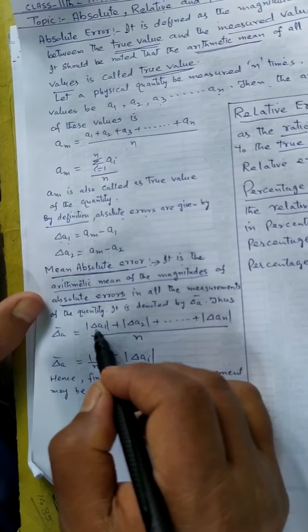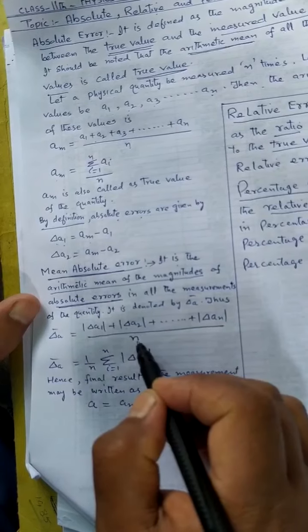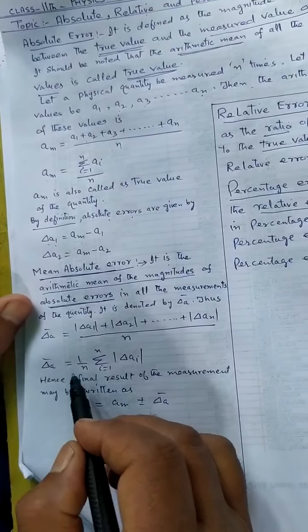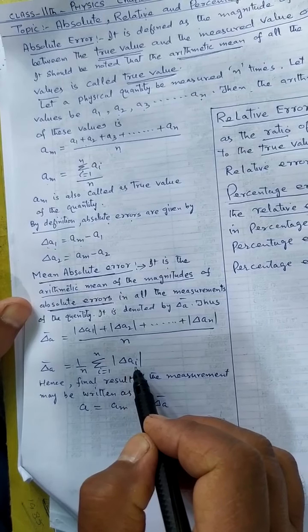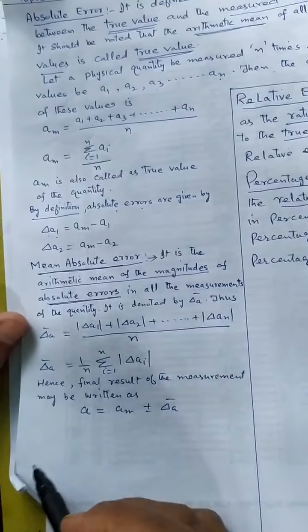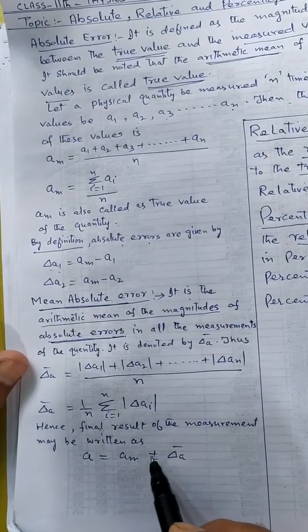Mod of delta A1 plus mod of delta A2 plus so on mod of delta An divided by n. Delta A bar is equal to 1 by n summation i is equal to 1 to n delta Ai. Hence, the final result of the measurement can be written as A is equal to AM plus minus delta A bar.